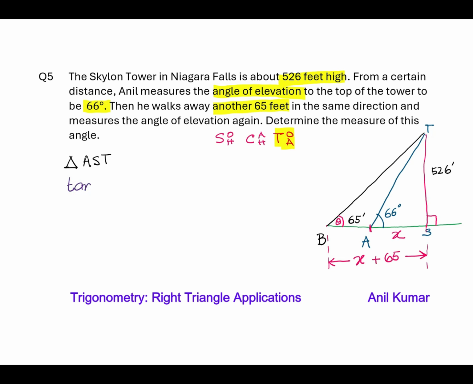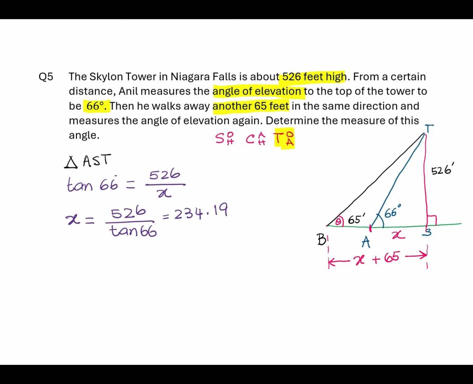Let's use calculator. It should be set in degrees. 526 divided by tan of 66 gives us 234.19. So we have the value of x, right? Now we can find BS. So we'll solve now the triangle which is BST, right?